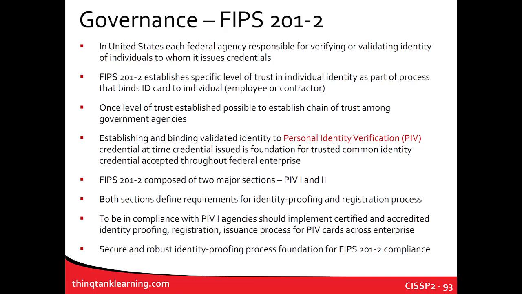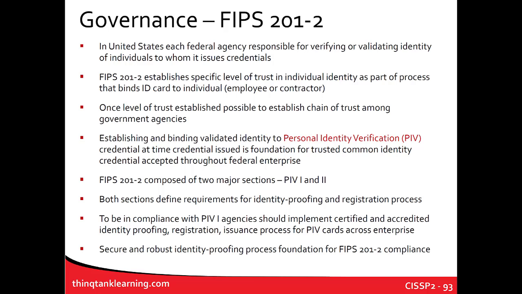So FIPS 201-2 actually defines all of the technical and procedural requirements for binding something like a PIV, personal identity verification card, to the verified entity, right? We're trying to create this chain of trust. It goes beyond just standard identity proofing. It goes to credential issuance to authentication.